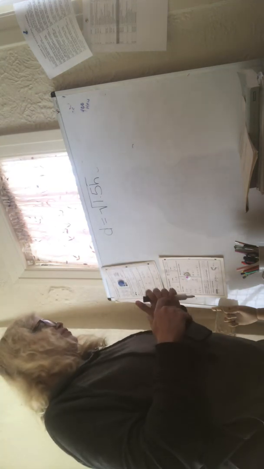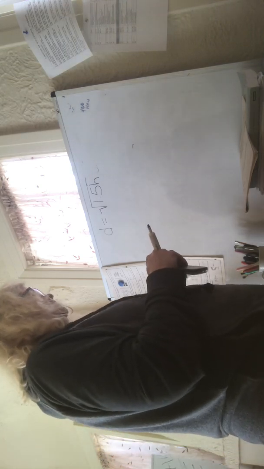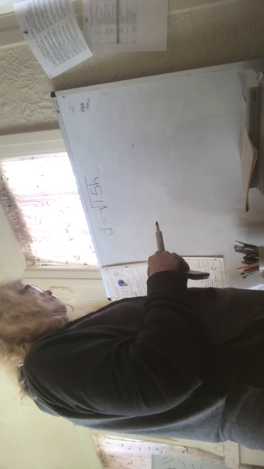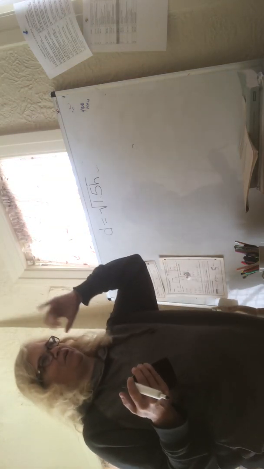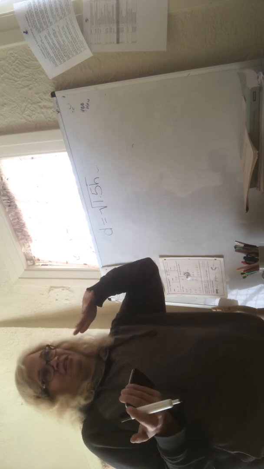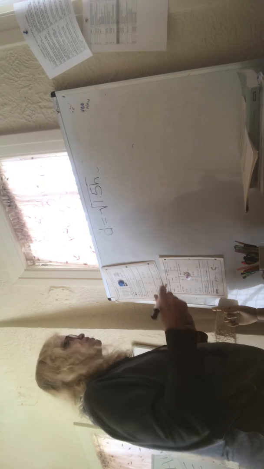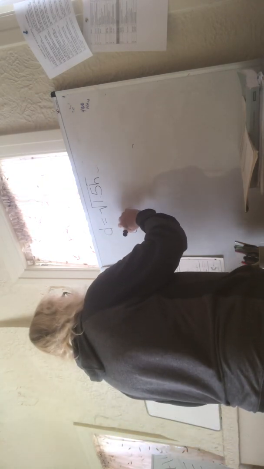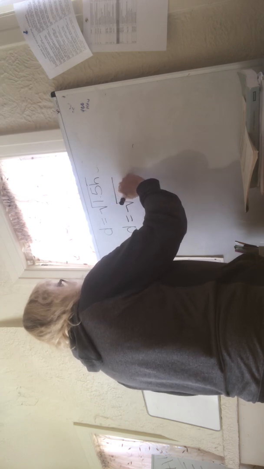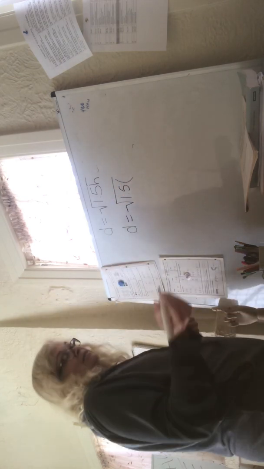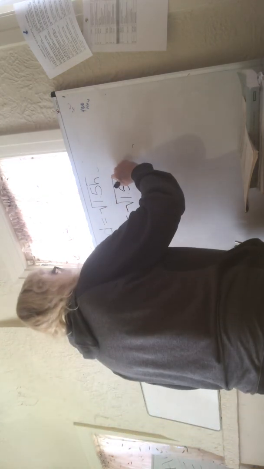Okay? So the first question says, estimate the height of your own eye to the nearest tenth of a foot. So I'm 5'8", so I'm just going to guess that my eye is probably 5'5". I don't know. I could measure it, but I'm just going to guess. So the distance is going to be equal to the square root of 1.5 times the height of my eye to the nearest tenth. So I'm going to call it 5.1. I just made that up.